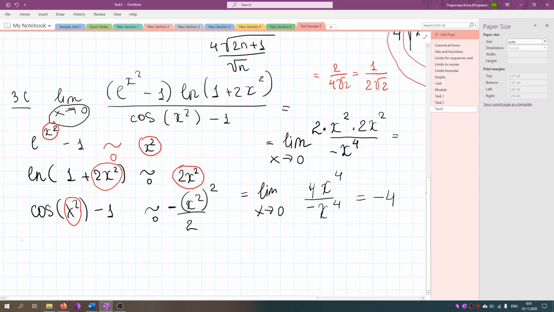So let's discuss the task 3D. Limit, x converges to pi, sine x.